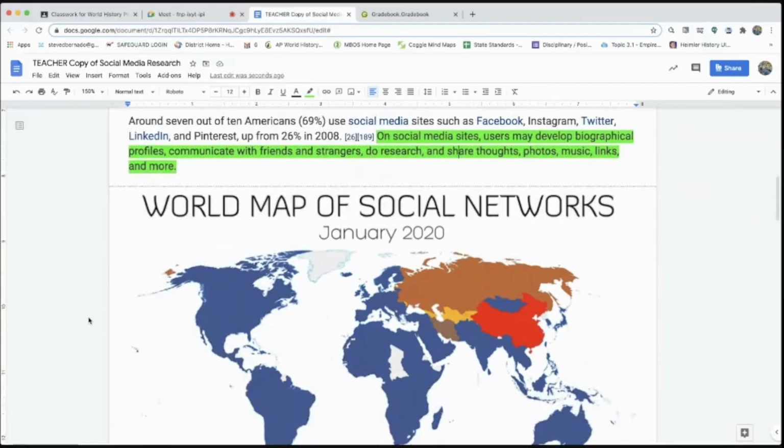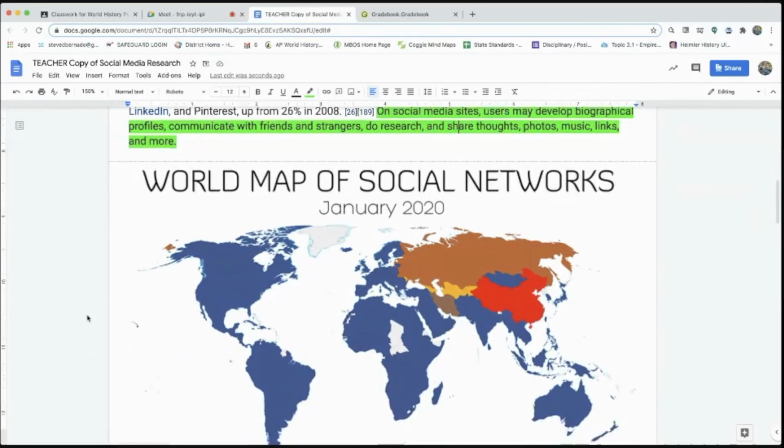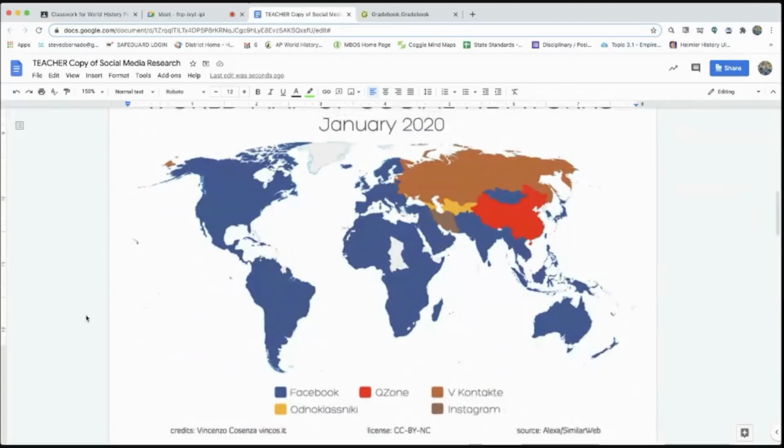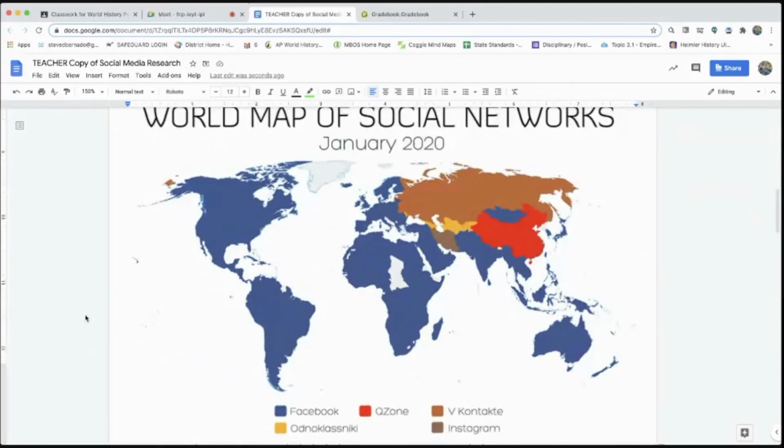And now we look at our world map of social networks. You learn something right here. I don't know if you're aware. In blue, you see North America, South America, most of Europe right here, most of Africa, part of the Middle East, South Asia, Australia, Indonesia, where I'm moving the cursor.